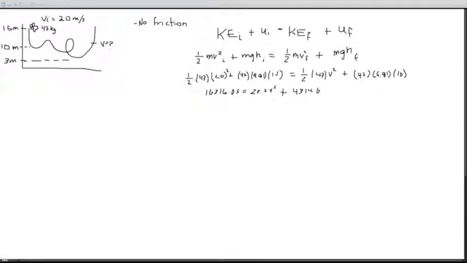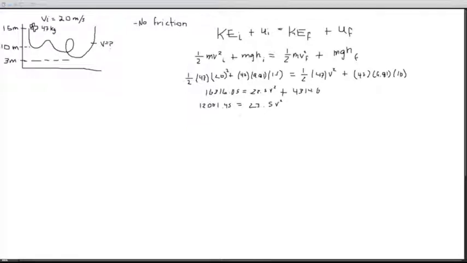Now we want to isolate v squared. So here we're going to pass this subtracting, and it's going to be 12,001.45 equals 23.5 v squared.